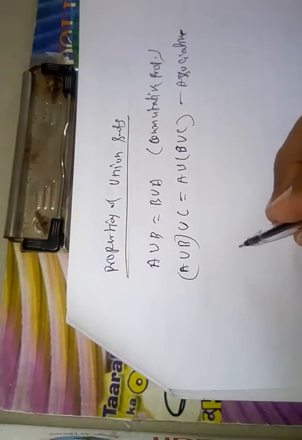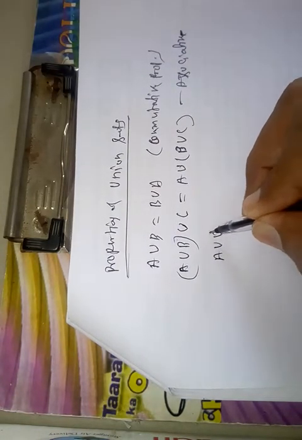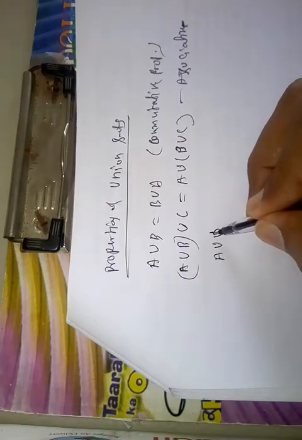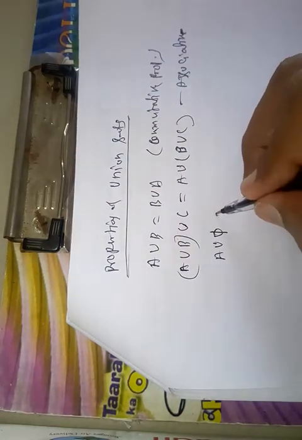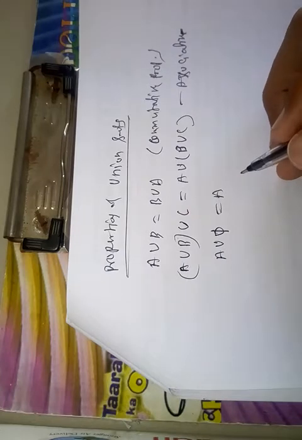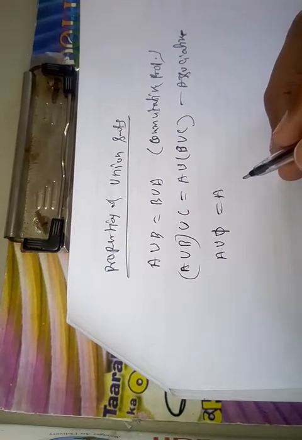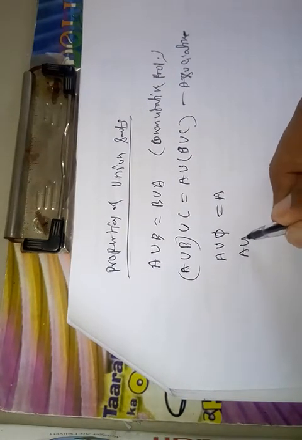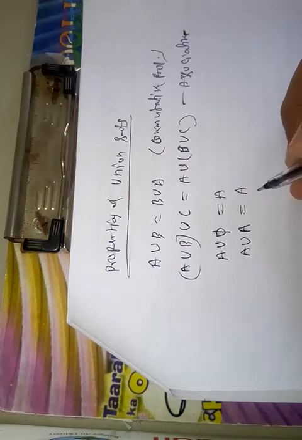And A union phi, the null set, equals A. And A union A equals A, right?